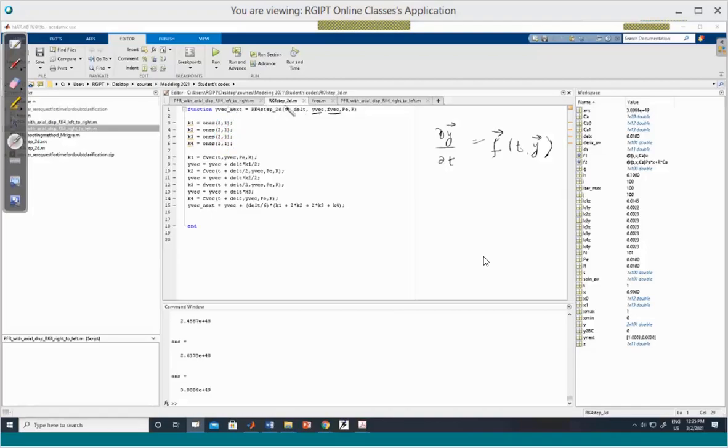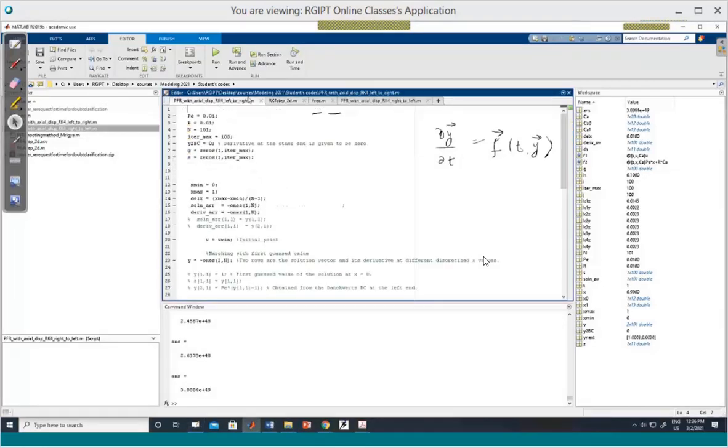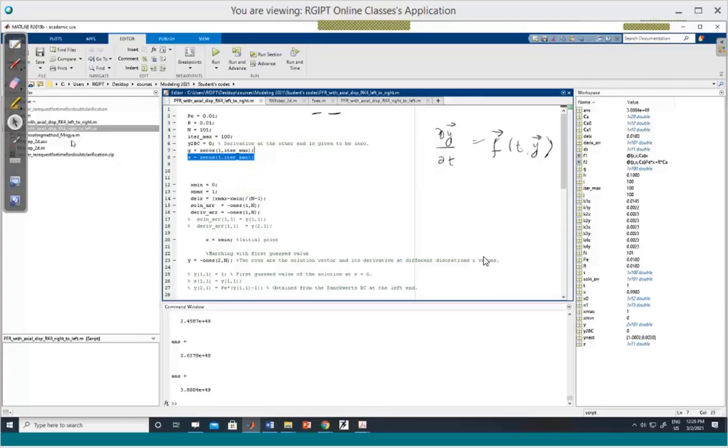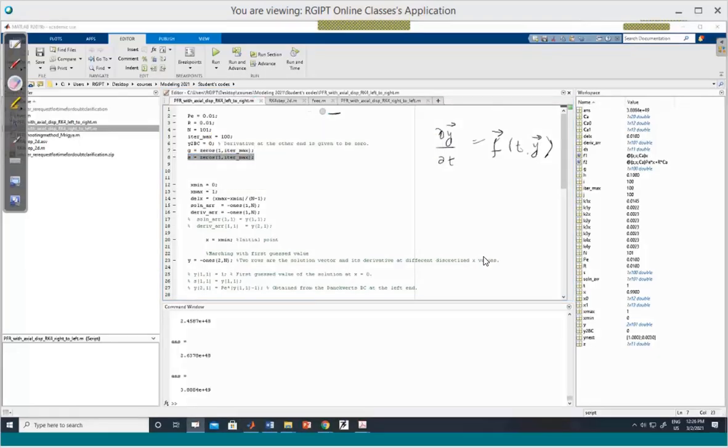Having done this, I go to the main script. These are my functions that will be utilized in my calculation, and this is the script file, the main driver basically.